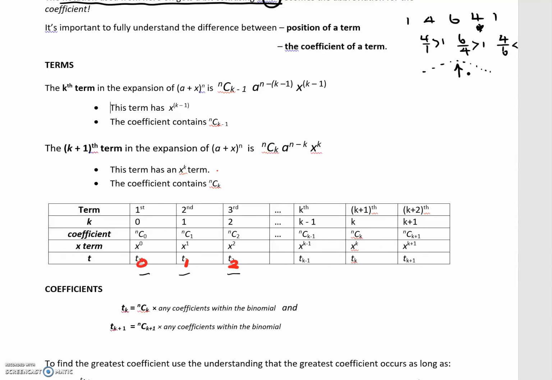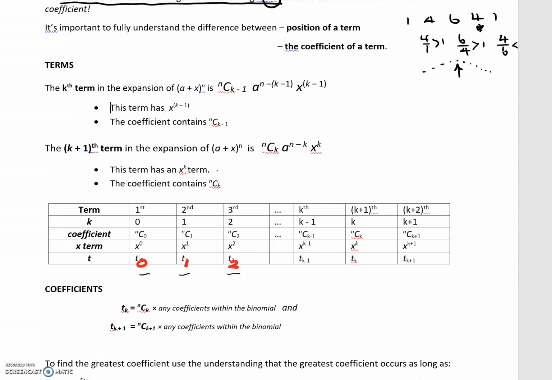Now, we're going to focus on the actual coefficients. And remember, the name given to the coefficient doesn't reflect the position of that term. In fact, the position of that term is one more than the name given to the coefficient.